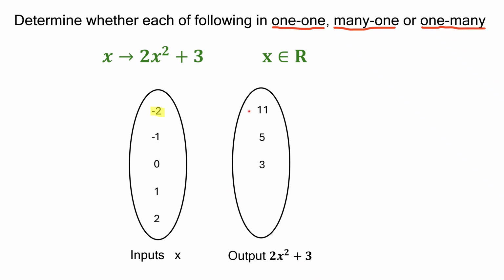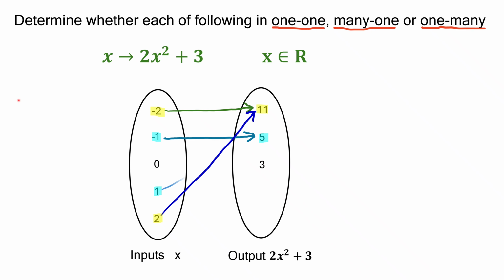So -2 gives us 11 and 2 gives us 11. -1 gives us 5 and 1 also. 1 squared 1, 1 times 2, 2, 2 plus 3, 5.